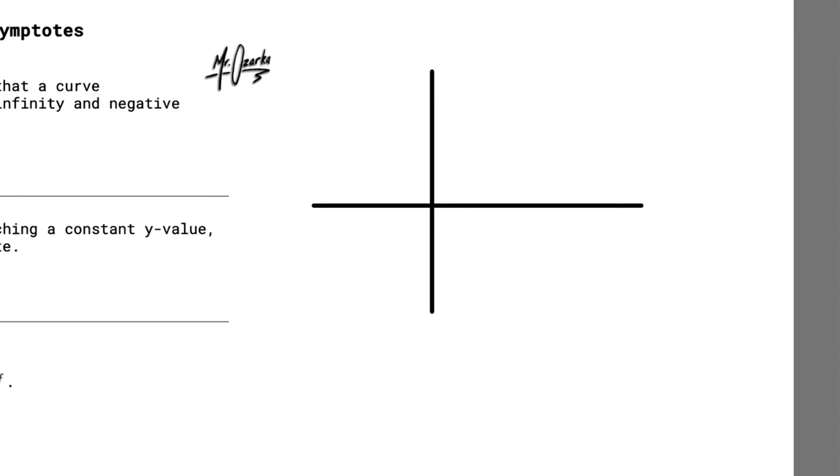Say I had some function that looked like, let's just say it went up like this, and then it kind of flatlined here and just did this. Okay, and where it's flatlining, it's actually approaching, let's just say y equals 3.